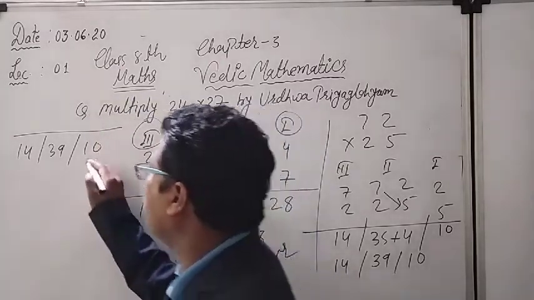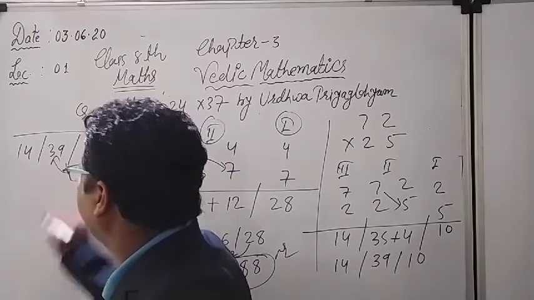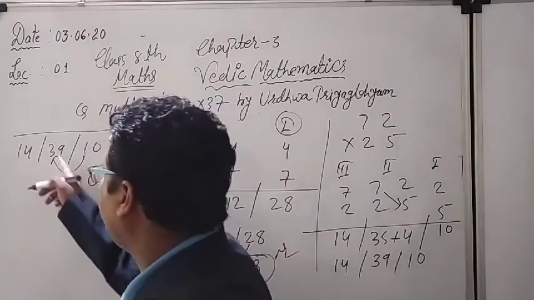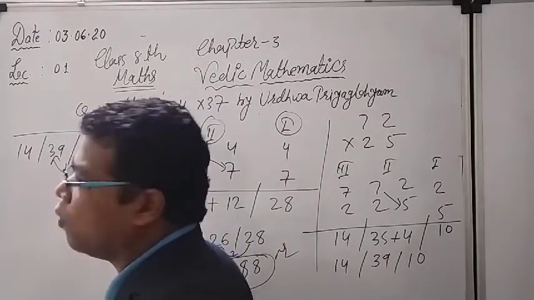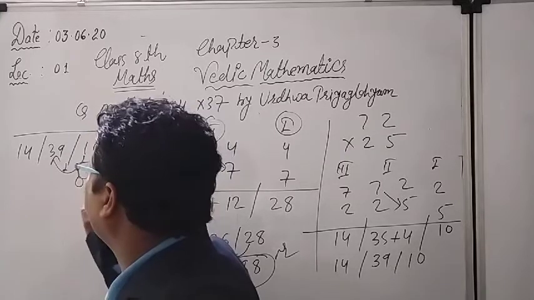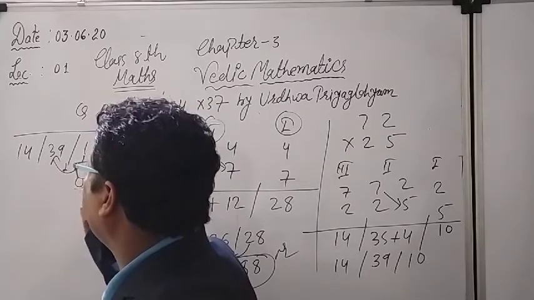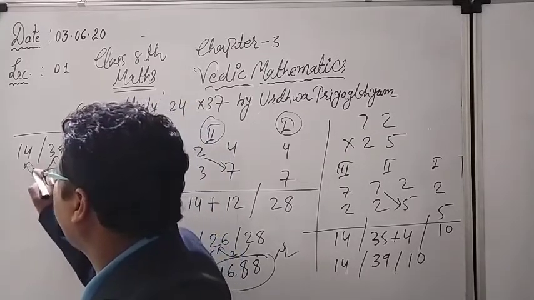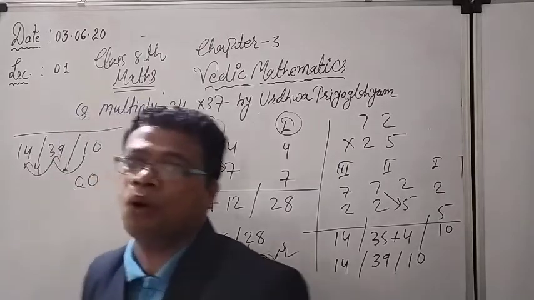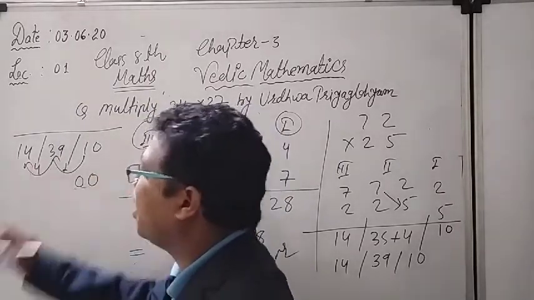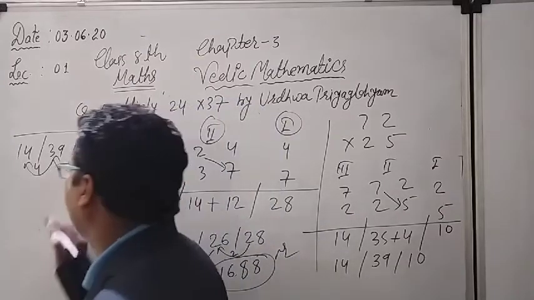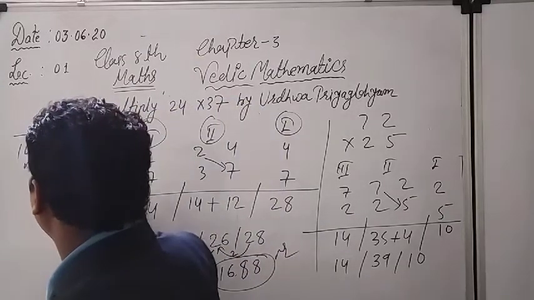So 0 will be here. 1 will be the carry forward digit with the 39. 39 plus 1 will give me 40. For the 40 I have to consider only the last digit, that is the 0. And the carry forward digit here is 4, and that 4 I have to add with the 14. So 14 plus 4 will give me 18. So that is my answer.